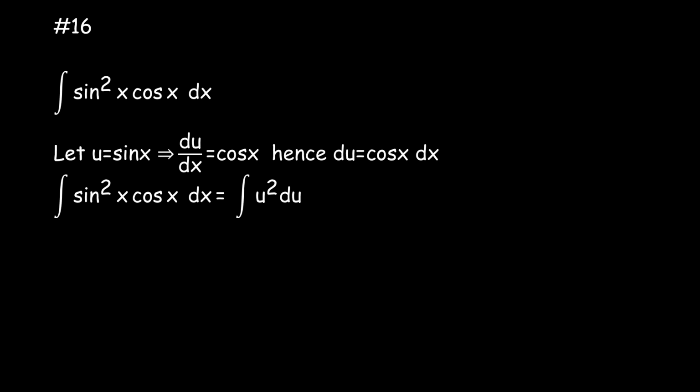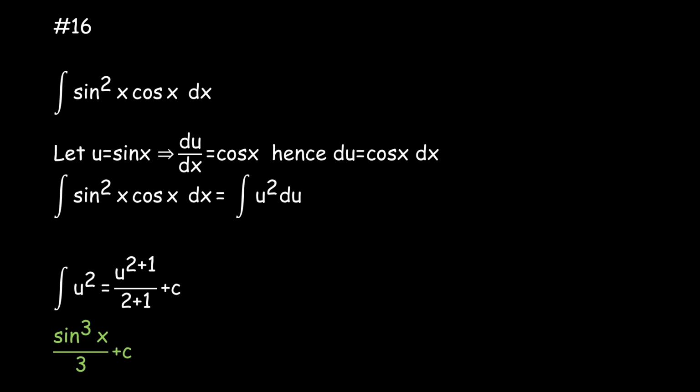Integral of u squared would just be u cubed over 3, and then replacing back the value of u, we get sine cubed of x over 3 plus c. Okay, that was an easy one.